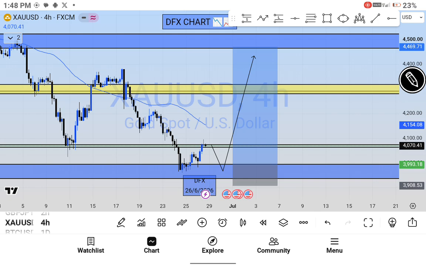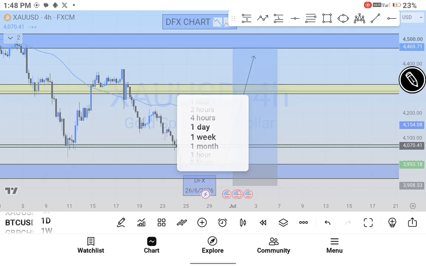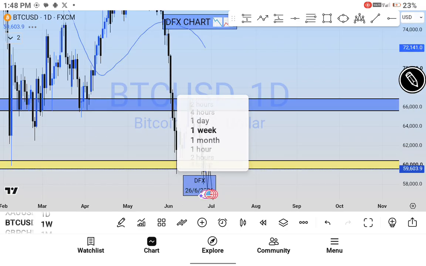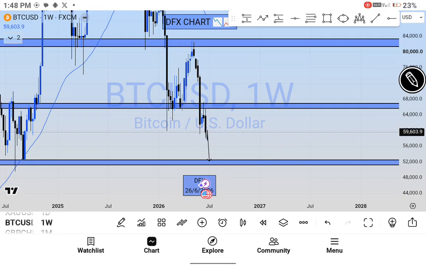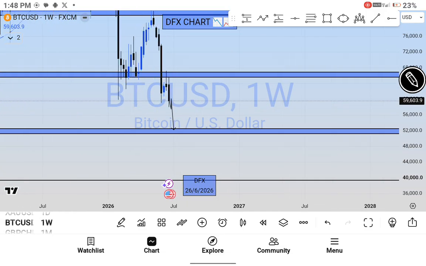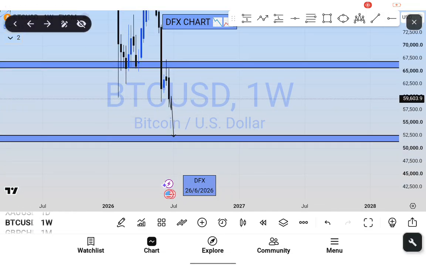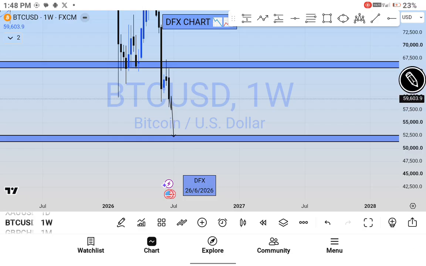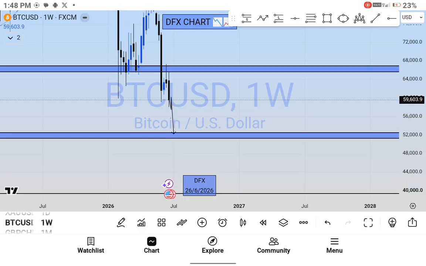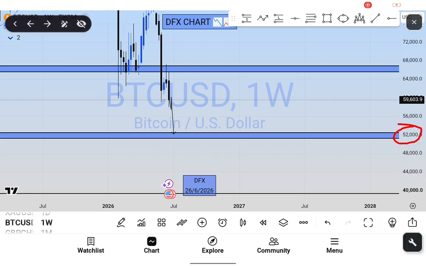All right. So moving down to BTC. Now BTC on a weekly time frame, like I said earlier, I am still looking at BTC to around $52,000 per coin.